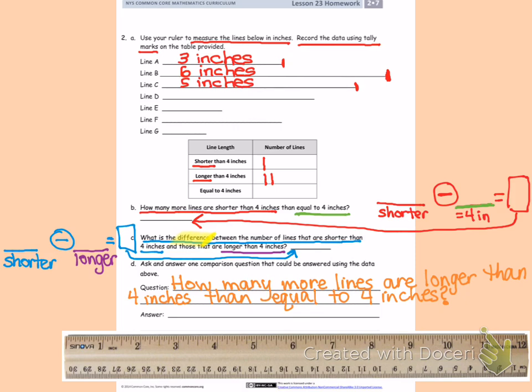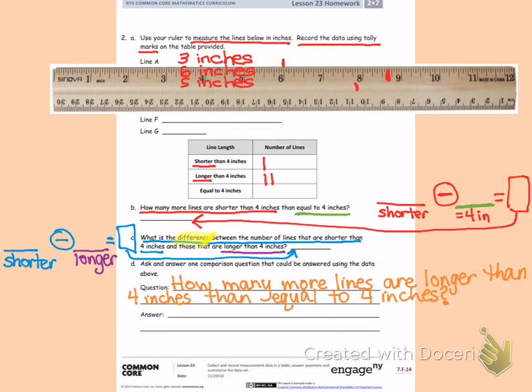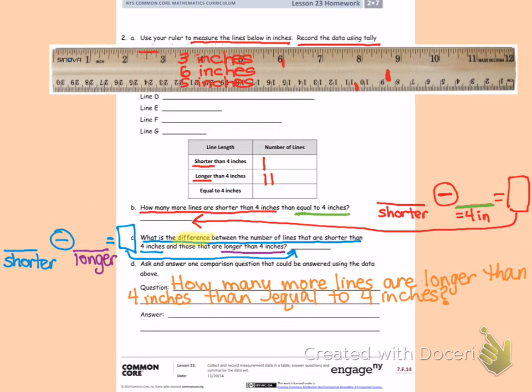So let me move this ruler out of the way. This time, I will draw a line for the number that are longer than 4 inches and compare it to the number that are equal to 4 inches.